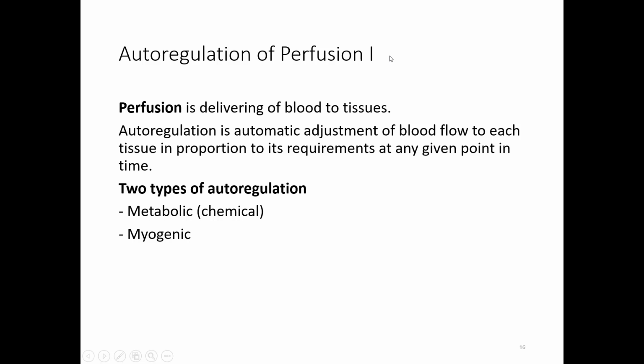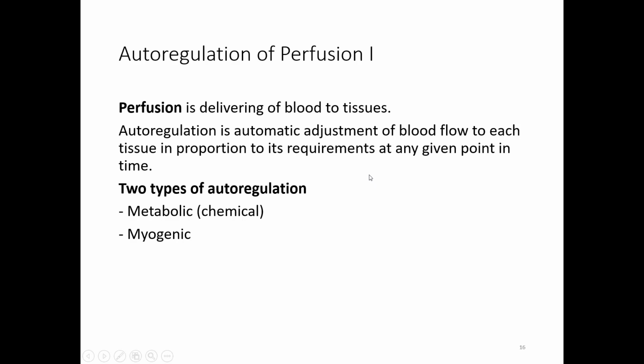Autoregulation of perfusion. So, perfusion is delivering of blood to tissues. The higher the perfusion, the better tissues are provided with blood and oxygen and nutrients. Autoregulation is automatic. It's adjustment of local blood flow to each tissue inside of that tissue in proportion to its requirement at any given point in time.